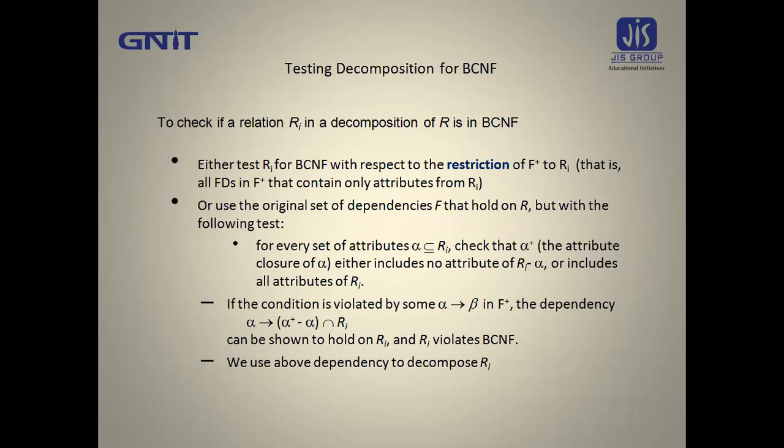Now, if the condition is violated by some alpha implies beta in F plus, then the dependency alpha implies alpha plus minus alpha intersection Ri can be shown to hold on Ri. So this is the second procedure, and thus we can infer that Ri violates BCNF.